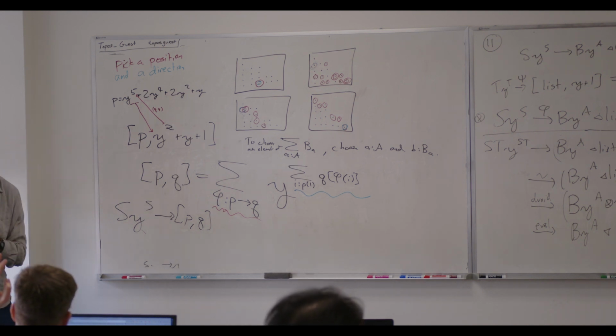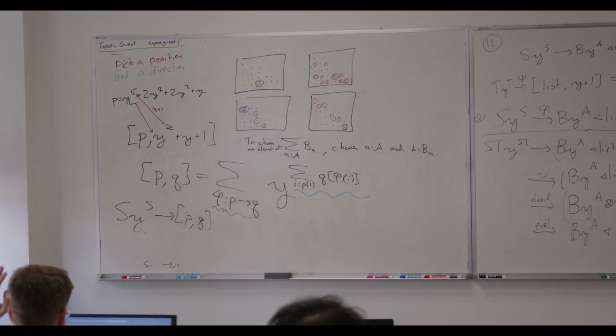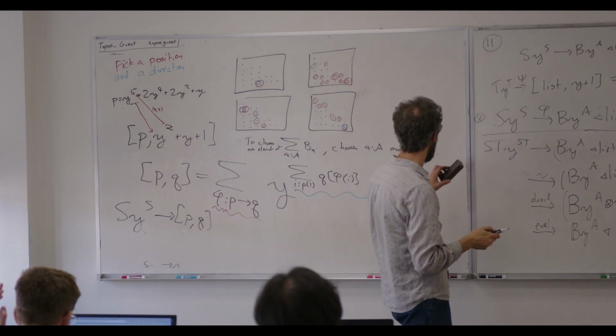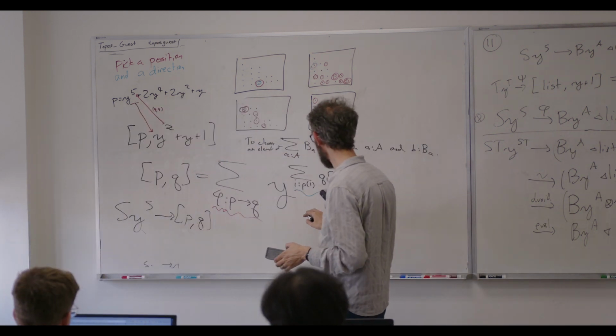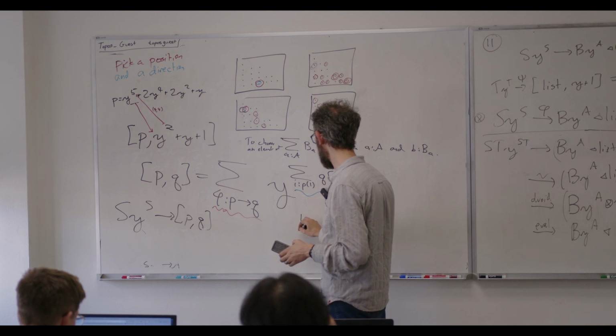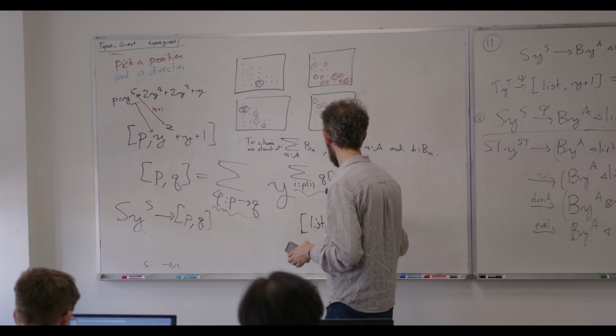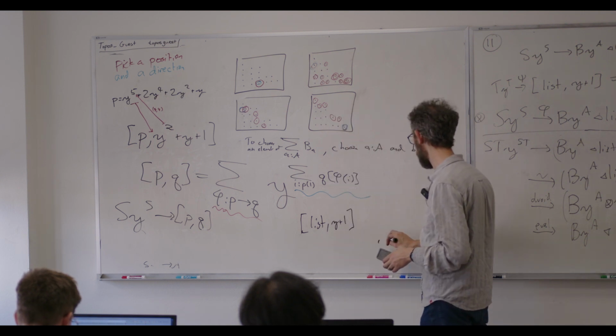Okay, one last thing. Can we do the same translation for list y plus 1? I want to write it. Well, I don't think we can do it. We can do some, I guess. So what is a map from list to y plus 1?